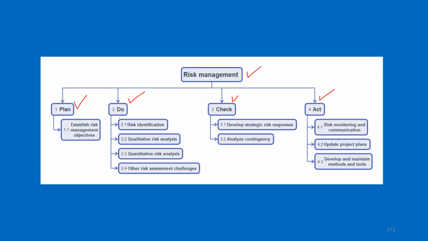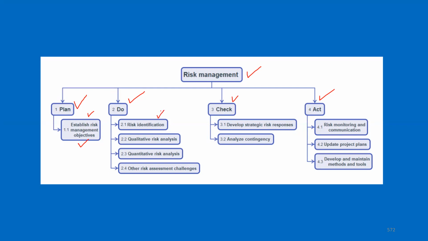First of all, we have to plan for risk management, establish the risk management objectives, and create a plan because we need a team, we need the resources, we need to have a schedule. So that must be established first. Then during the execution phase of the project, we get into risk identification, which is a continuous process.